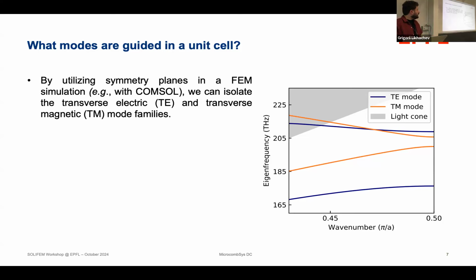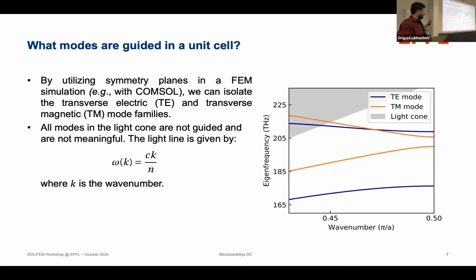This can be done here as well. That's how I have that plot, where I can say for sure that the blue ones are TE modes and the orange ones are TM modes, because I put the symmetry planes so that I'm sure that I'm only looking at a certain mode family. So not all those modes that you see in that picture are guided.